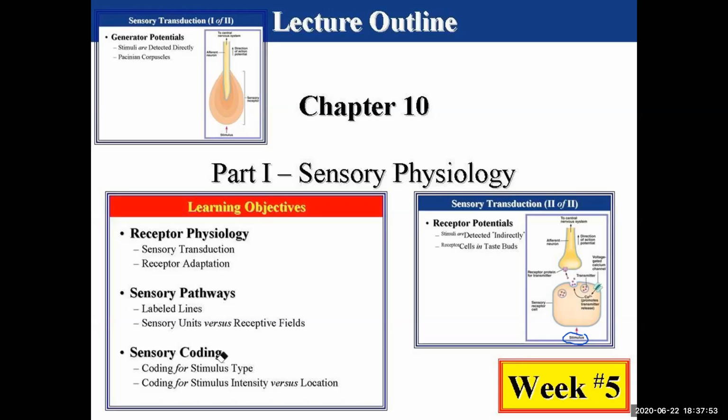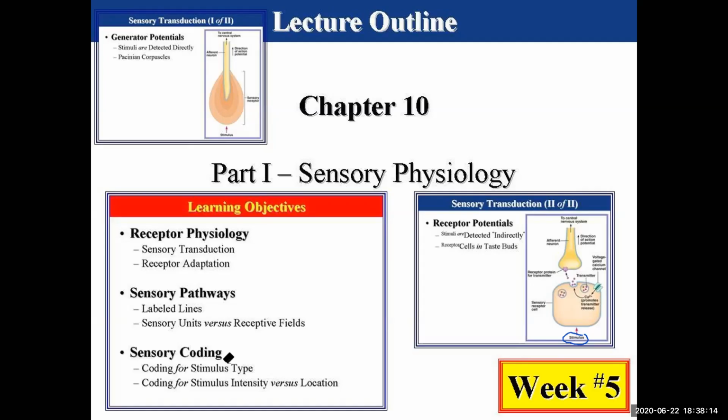And then a very, very beautiful concept, sensory coding. How does the brain understand the nuances of this variety of modalities, even though we have only one single prototype of action potential, right? One intensity.